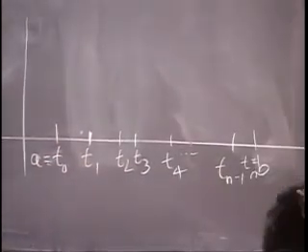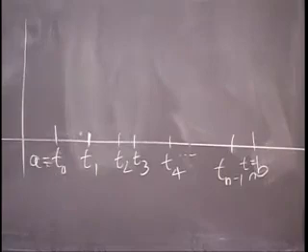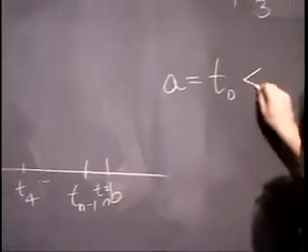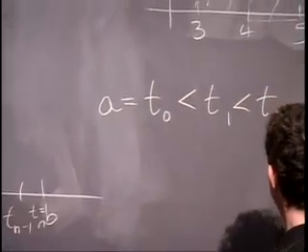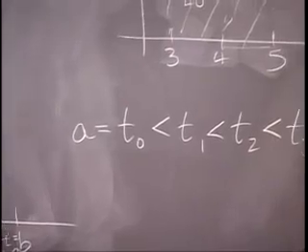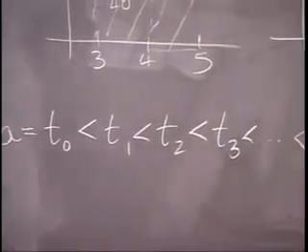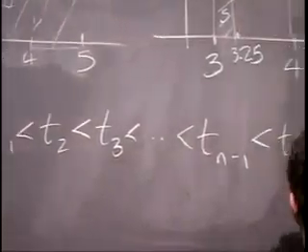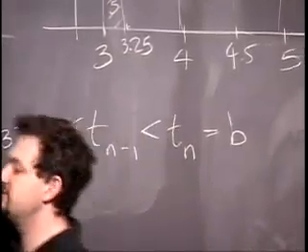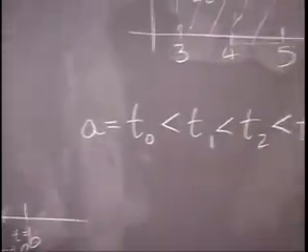So what we have, just to reiterate this, is a whole bunch of times beginning with T0, which is just A, and ending with Tn, which is just B. And they're getting bigger.